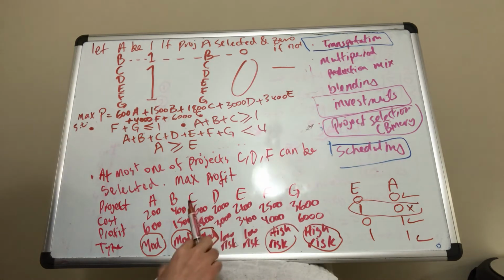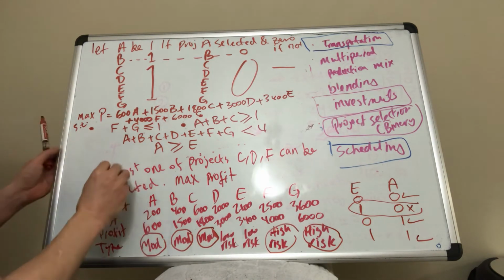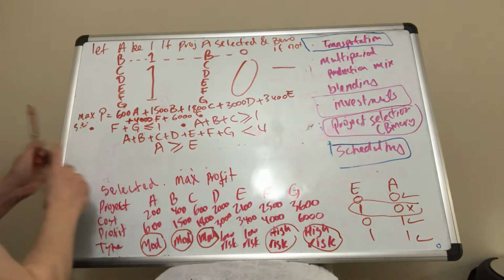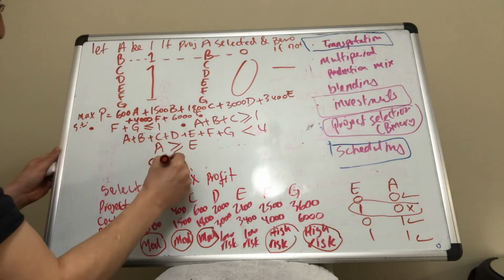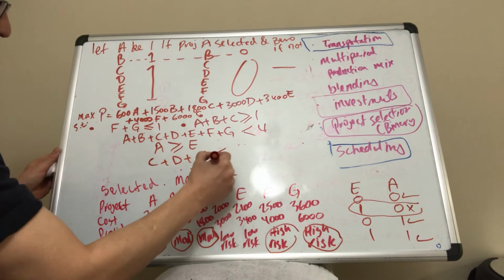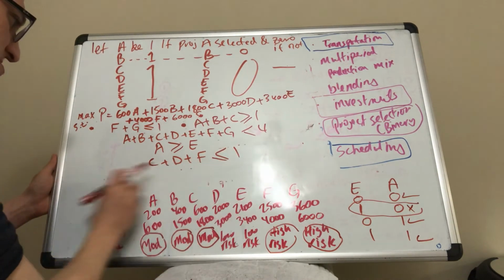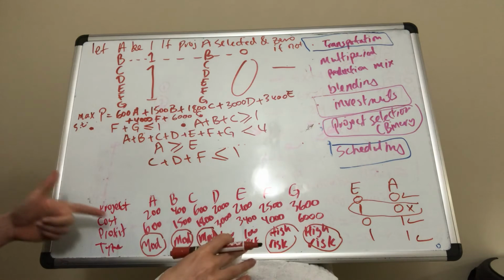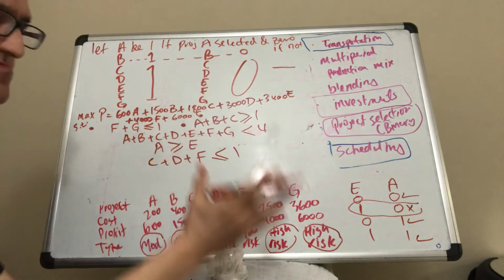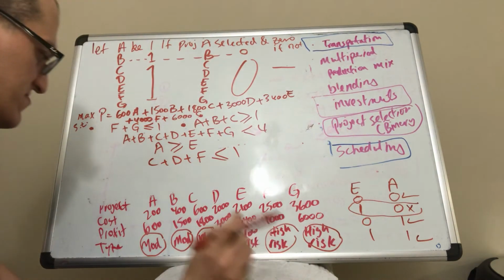At most one of the CDF projects. So the CDF, at most one. There's also one constraint for the cost. Remember the budget of $6,400,000?